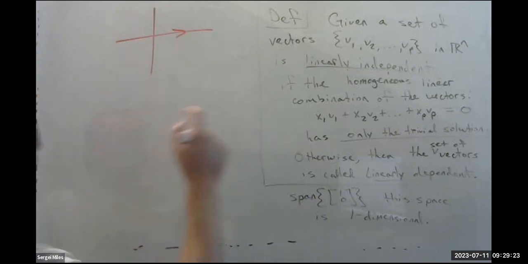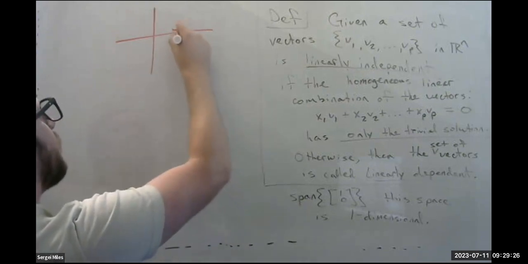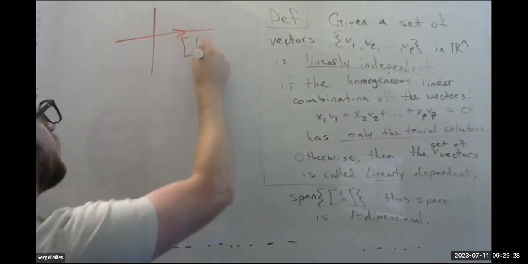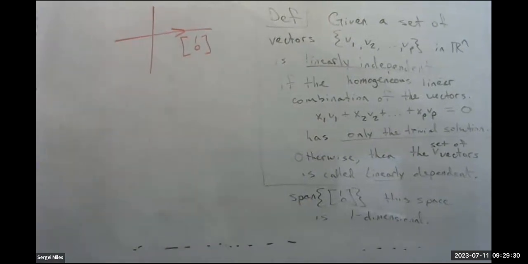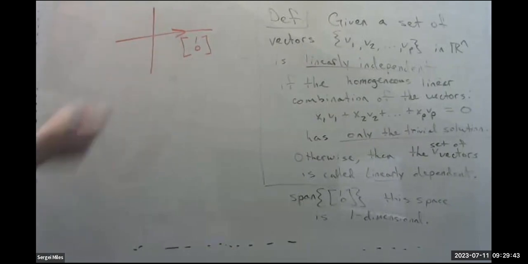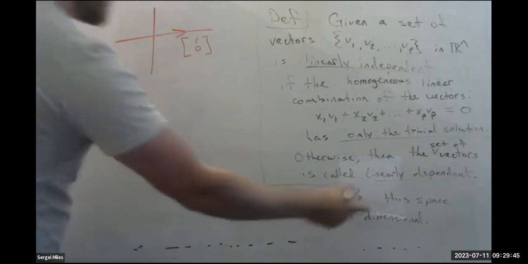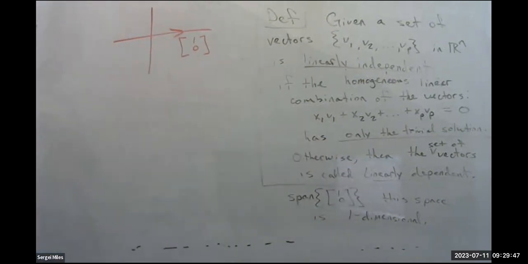All right. So if I'm taking a span which is only linear combinations of this, because I can only move in one possible direction, right? I can take multiples, combinations of only one vector.